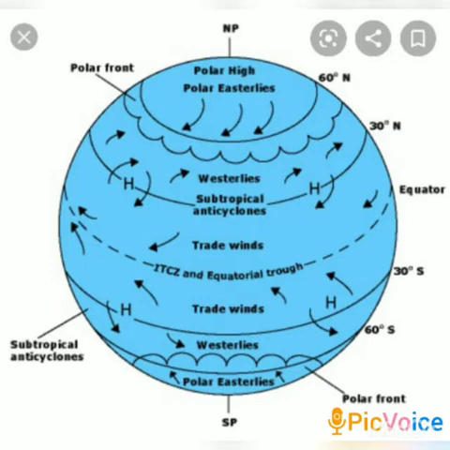The cooler air, mainly from places between 0 to 30-degree latitude and the equator, then moves in towards the equator.